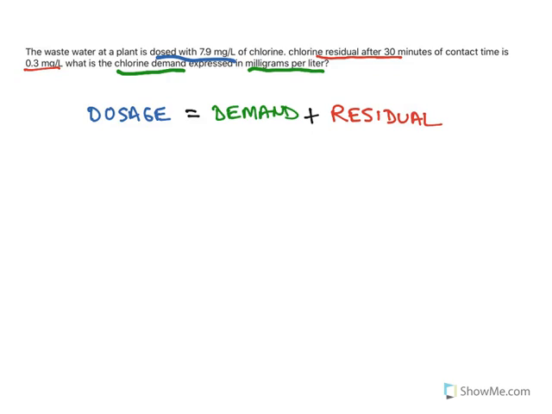So if we're trying to calculate demand, we can flip this equation around by subtracting residual from both sides and rewrite it as demand equals dosage minus residual.